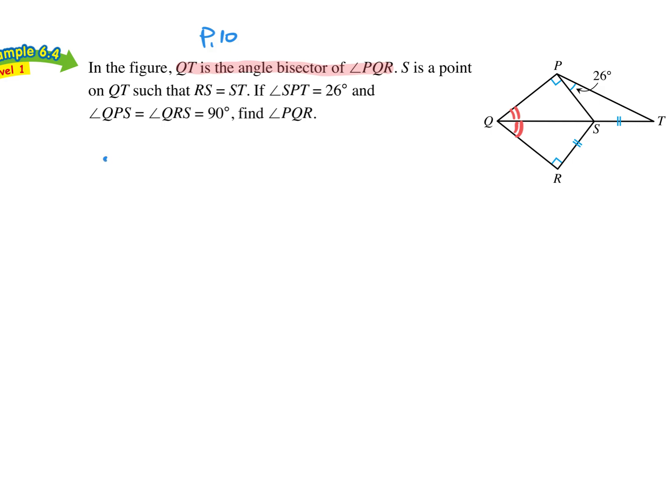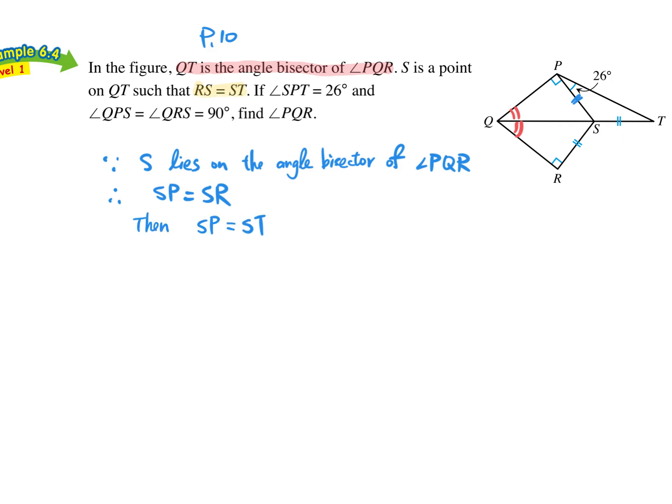And by the property of angle bisector, since S lies on the angle bisector, SP equals SR. And by the question here, we will know that triangle PST is an isosceles triangle, and therefore the angle T is 26 degrees.